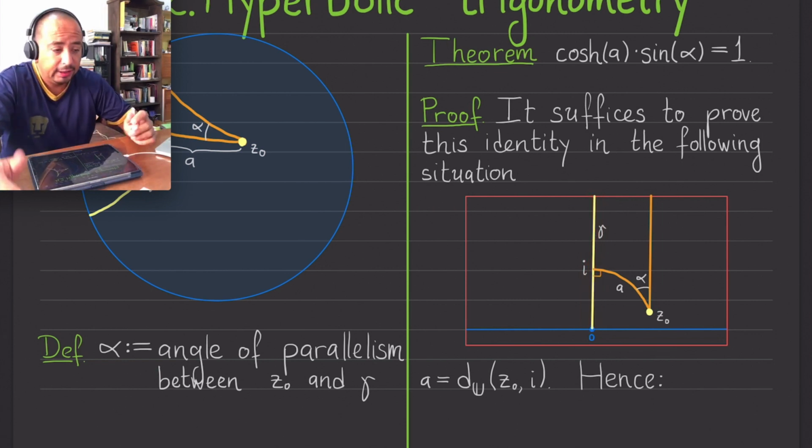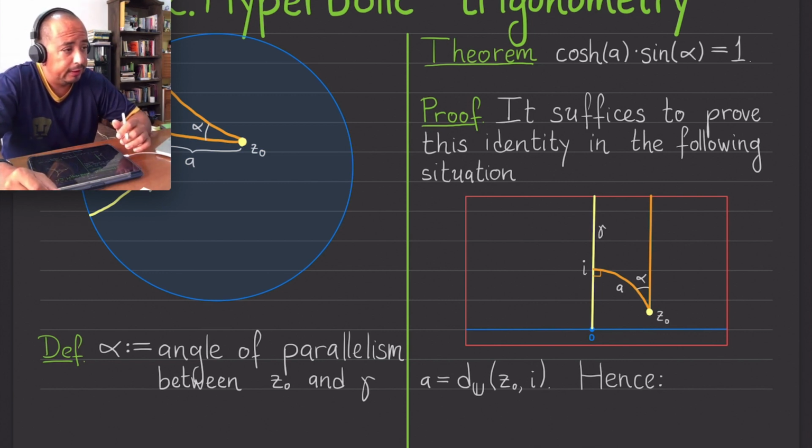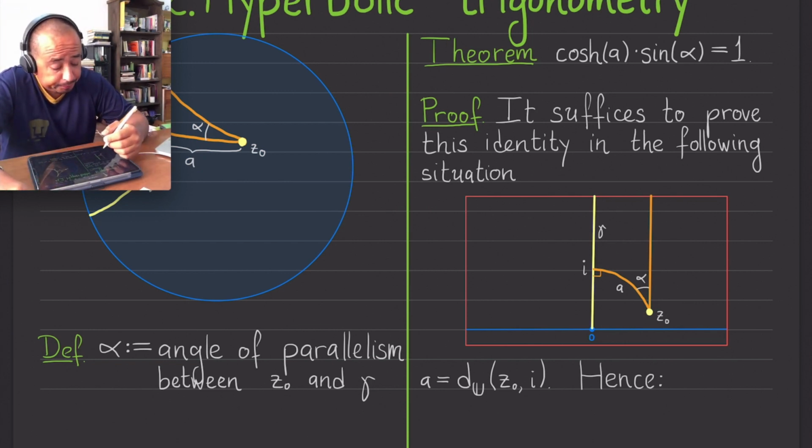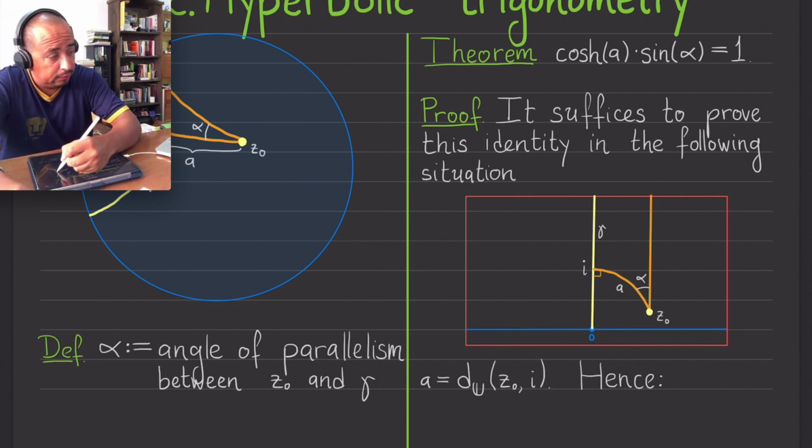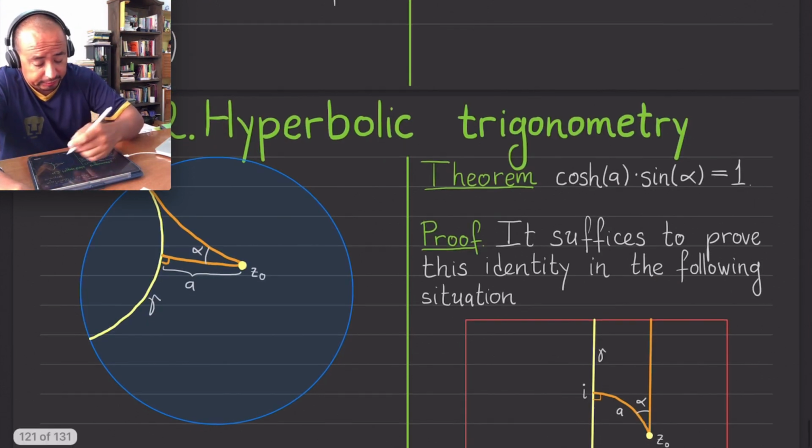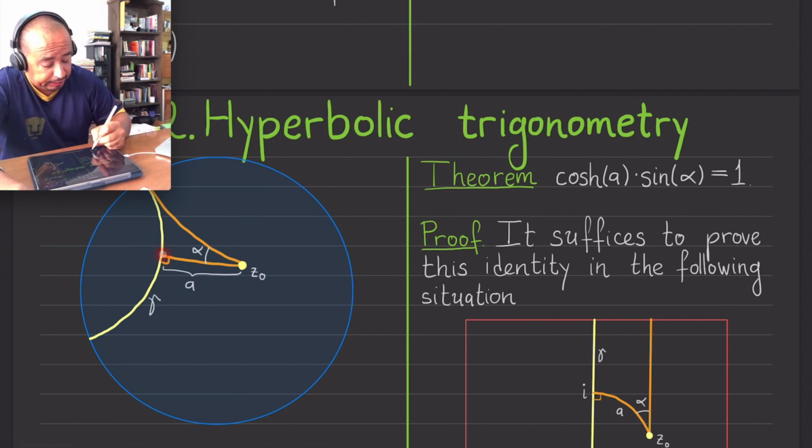This is possible up to applying isometries, and the point of intersection is actually, in the upper half plane, the complex number i.